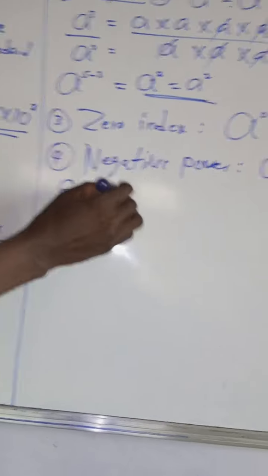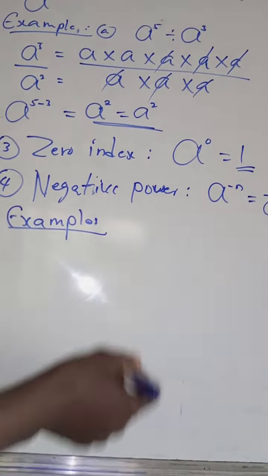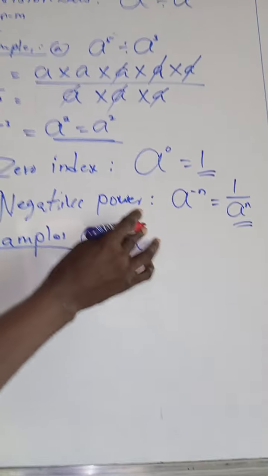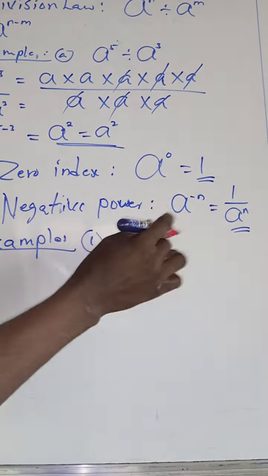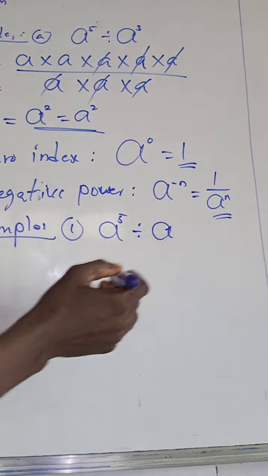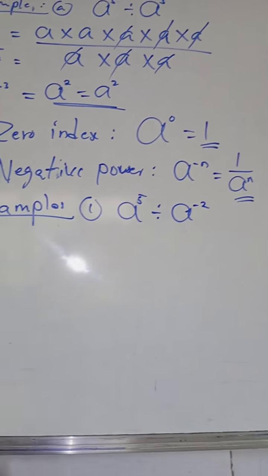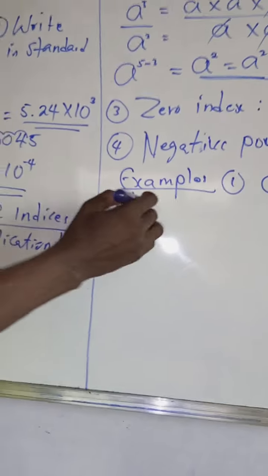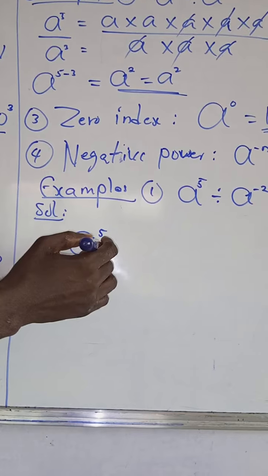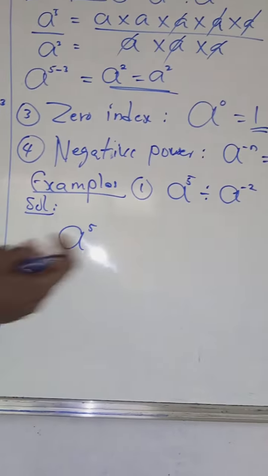Example. So like I have a raised to power 5 divided by a raised to power minus 2. So here, solution, what this thing means is that a raised to power 5, I divide means I need to subtract.